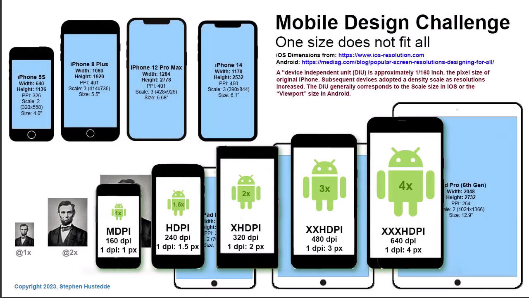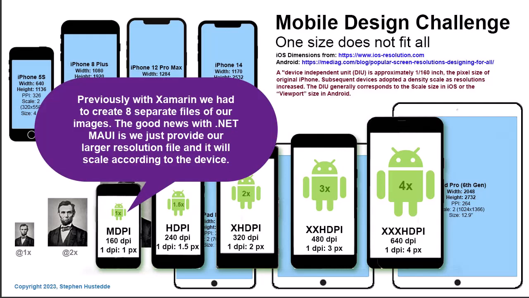It gets even more complicated when we add in Android for doing cross-platform of both iOS and Android with the same code base. On the Android side, we have 5 basic resolutions of graphics that are used, and the various DPI, or dots per inch, on devices varies widely.